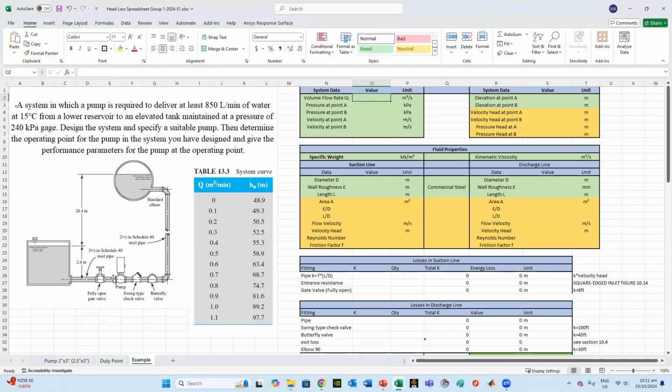You have the pump. And there are some things we need to consider here, for example, entrance resistance, and the friction through the length of the pipe. We need to take that into consideration. As well, you have the gate valve and the pump, then the swing type check valve, then the butterfly valve, then the 90 degree elbow, and the diameters for this pipe.